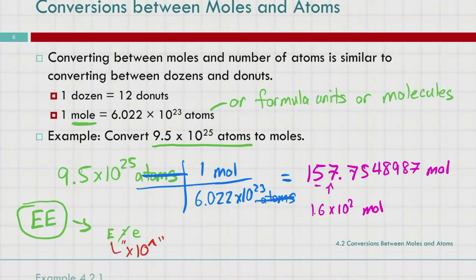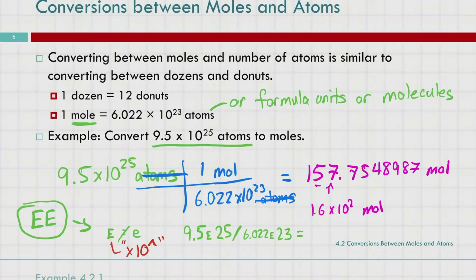So for example, if I wanted to put this into my calculator, I will typically put in 9.5, small capital E, hit the dolphin noise key, 25. And then I'm going to divide by the Avogadro's number. So calculator puts in this /, 6.022, hit the dolphin noise key, small capital E, 23 equals. That will give you the correct answer.